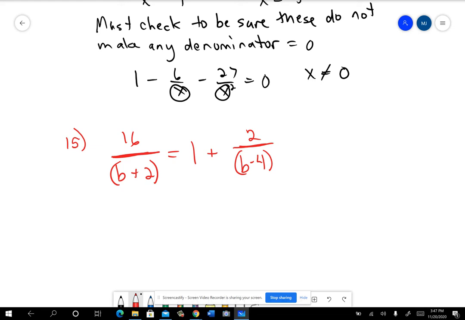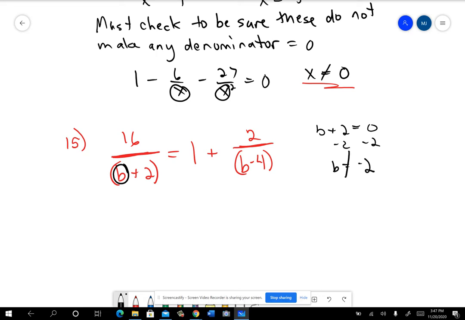All right, so with this one, first off, let's think about this idea, okay? You can tell looking at this one what's going to cause the denominator 0. Okay, if we put in a negative 2 here, see b plus 2 would equal 0, I can tell, if b were negative 2. So b better not turn out to be negative 2.